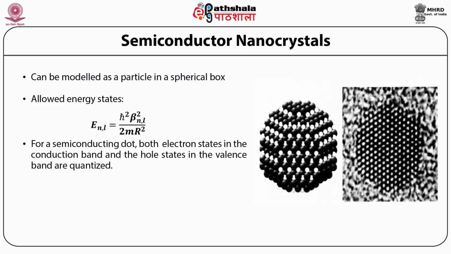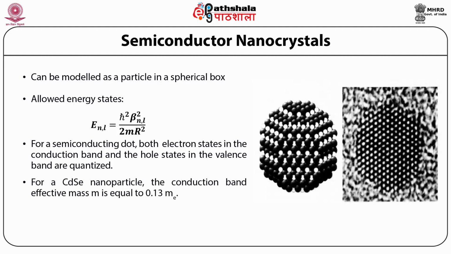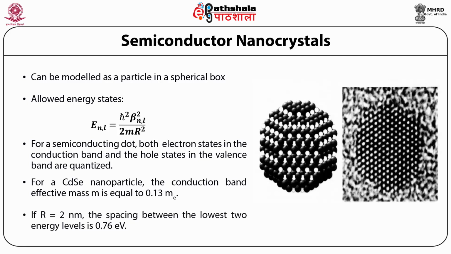So, for a semiconducting dot, both the electron states in the conduction band and the hole states in the valence band are quantized. For example, for a cadmium selenide nanoparticle, the conduction band effective mass m is equal to 0.13 me. If r is equal to 2 nanometers, the spacing between the lowest two energy levels is 0.76 electron volt.